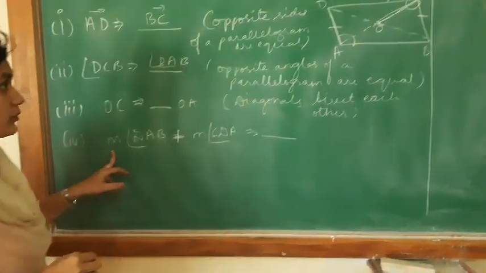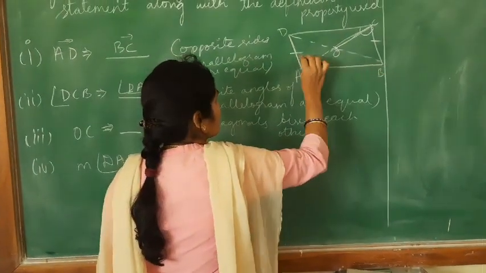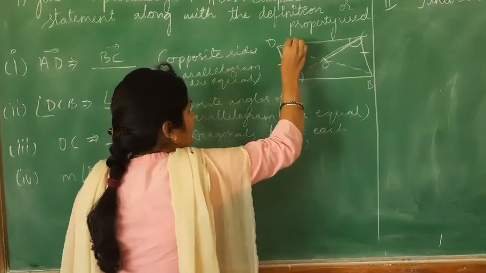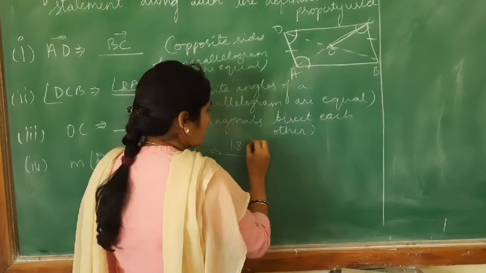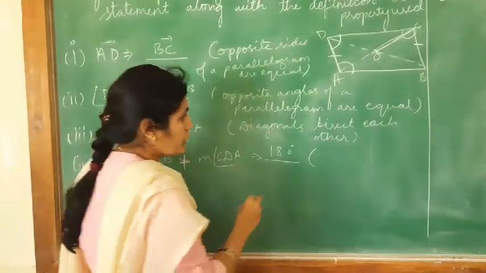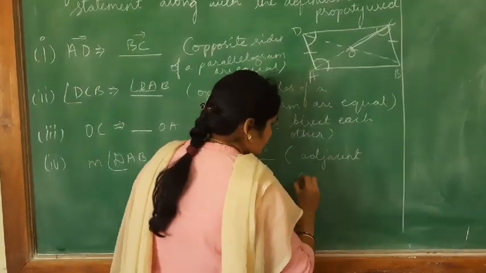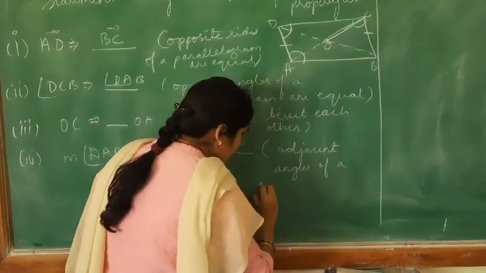Now, measurement of angle DAB. Angle DAB, this one, plus CDA, this one, if you add both, it will be 180. Why? Because adjacent angles in a parallelogram are supplementary.